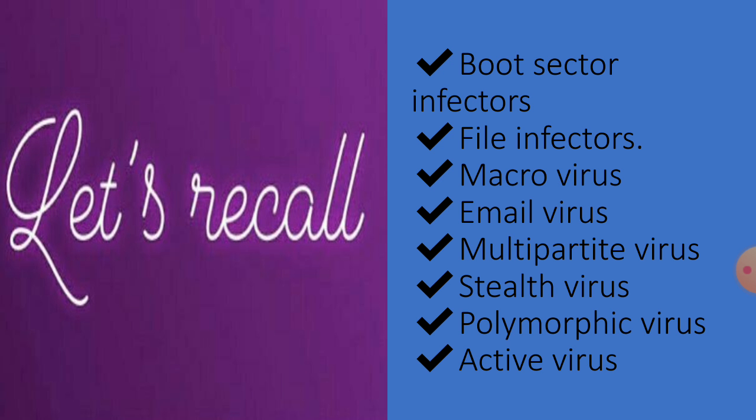ActiveX and Java is the main cause to spread active virus. We can prevent our computer by turning off some ActiveX and Java controls in the browser. Now we summarized what are the types of virus in computer.